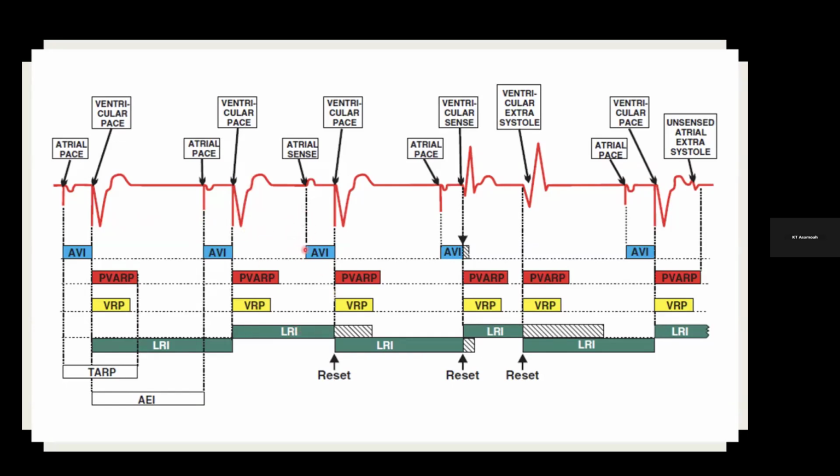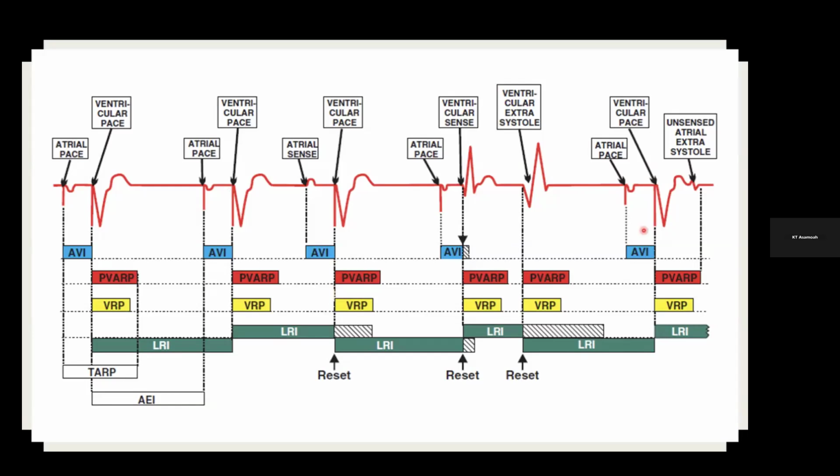This will be explained when we start talking about the dual chamber timing. But over here as well, you see the ventricular timer starting from here, and it goes all the way to the end of the lower rate interval. So that is what determines the base rate of the pacemaker.